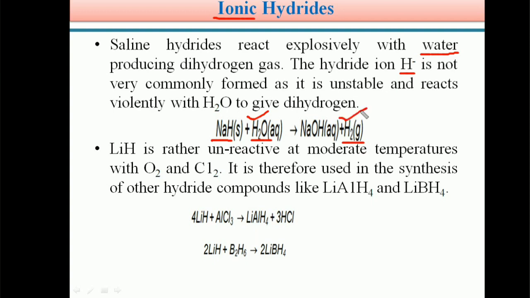So whenever ionic hydrides are treated with water, they react violently, because the released unstable H minus ion reacts immediately with water, releasing dihydrogen gas. For example, if sodium hydride is added to water, it releases H2 gas with the formation of sodium hydroxide.